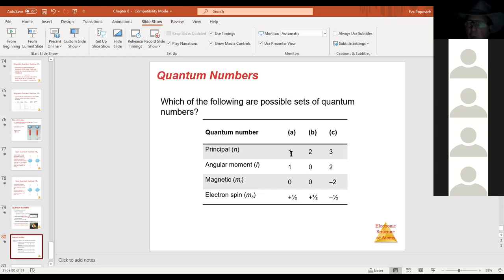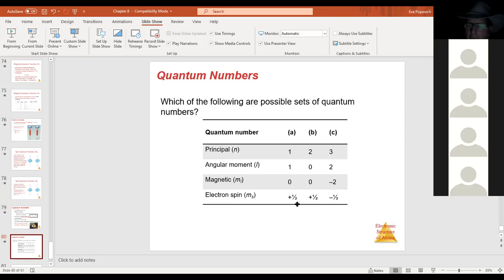So n can be 1. The trouble with this is that L can only be n minus 1 down to 0, whole numbers. If n is 1, L can't be 1. If L is 1, M sub L certainly can be 0, and the spin can be plus a half.